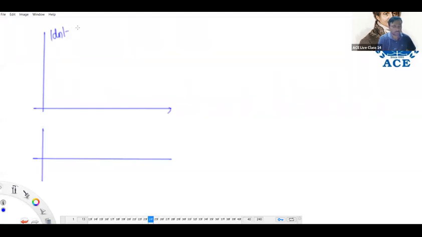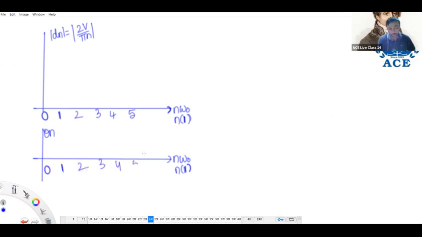Modulus of Dn is mod 2V by pi n. This axis is n into omega naught. In our example, omega naught is 1. Even if omega naught is pi, we will not show pi, just integer numbers. Every n is a multiple of omega naught.